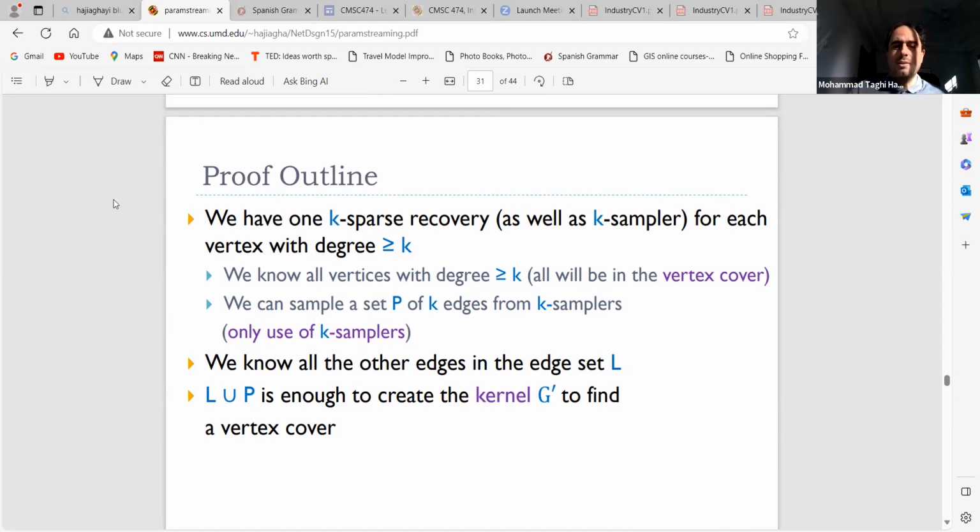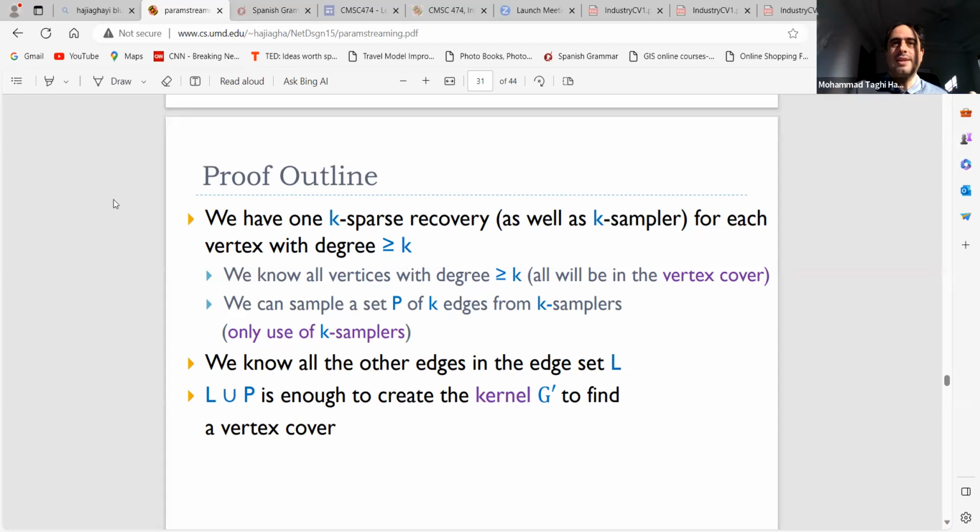Now, what is essentially the proof outline? So what is the idea? The idea is that for the vertices in the k-sparse recoveries, we know that they should be in the vertex cover. Why? Because the current degree of these vertices is at least k.